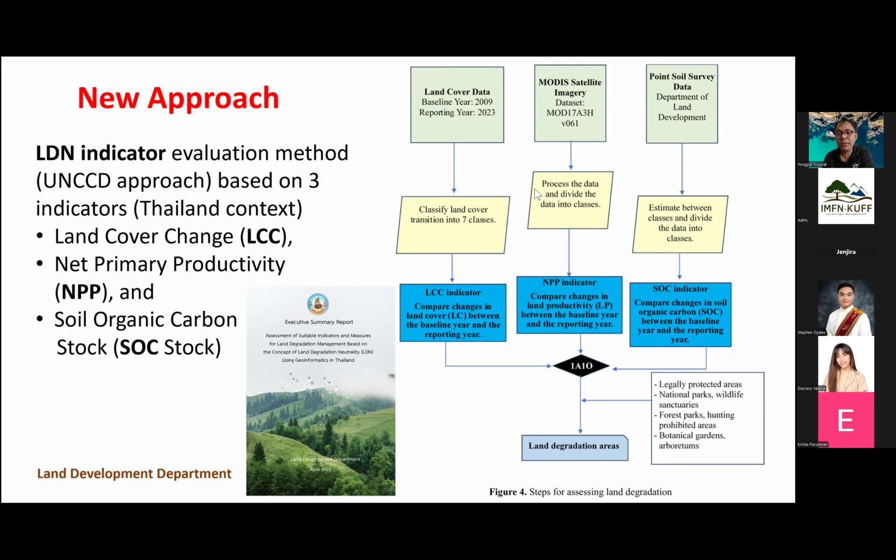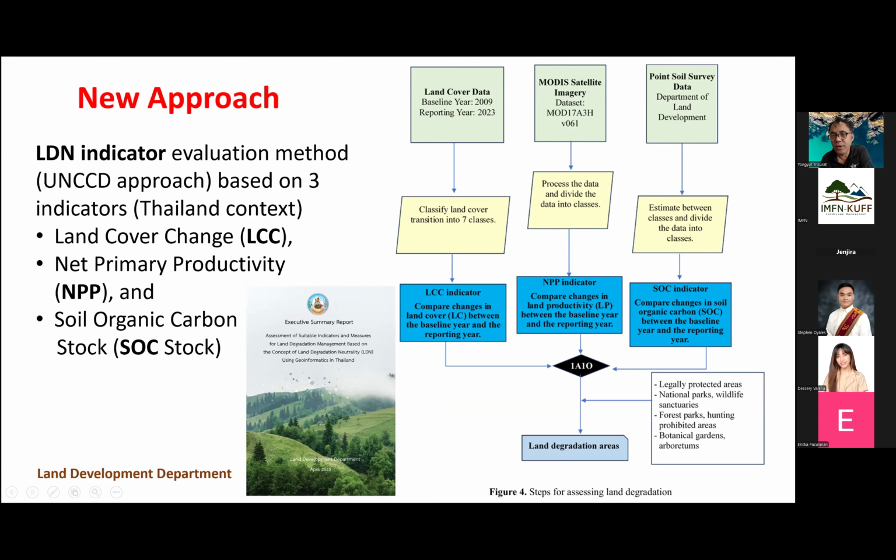And for MODIS, there are some wavelengths of the image that we can use to define the net productivity or the NDVI. Then they can compare the greenery area and the soil organic carbon stock.